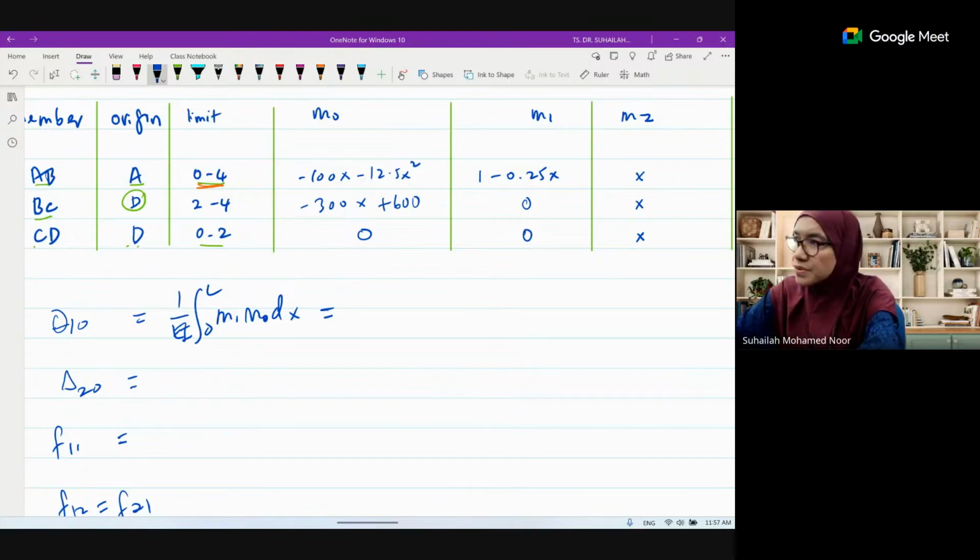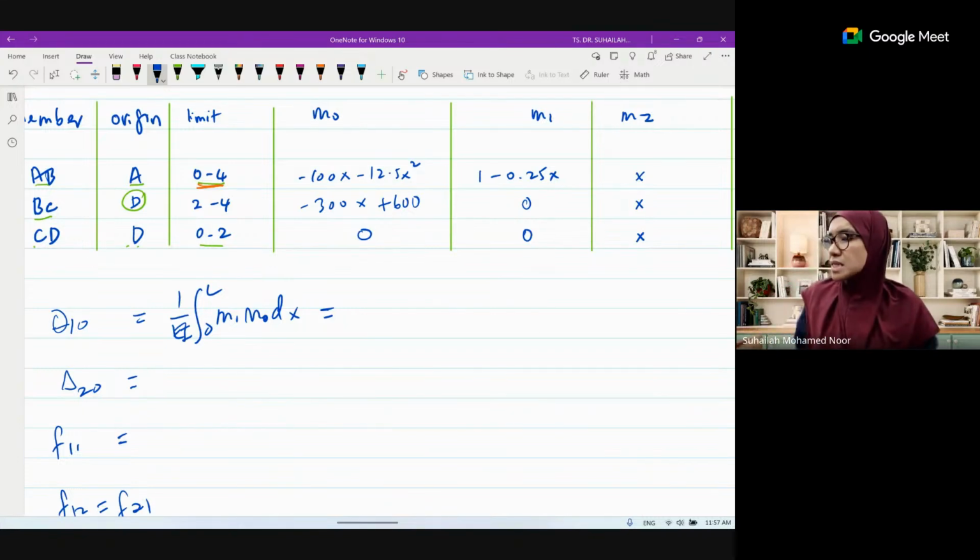Integrate now. Using calculator, please integrate. Please integrate M1, M0, 1 minus 0.25x and negative 100x minus 12.5x square. Okay, the limit is 0 to 4. What is the answer in terms of EI? Dapat apa ni?